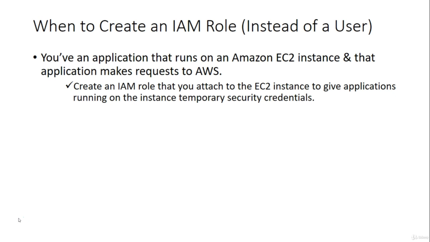Suppose your EC2 instance wants to read and write files from your Simple Storage Service, that is S3. S3 has buckets or folders in plain English. So if you want to give your EC2 access to those buckets, you need to go ahead with IAM roles. We will see this in the demo.